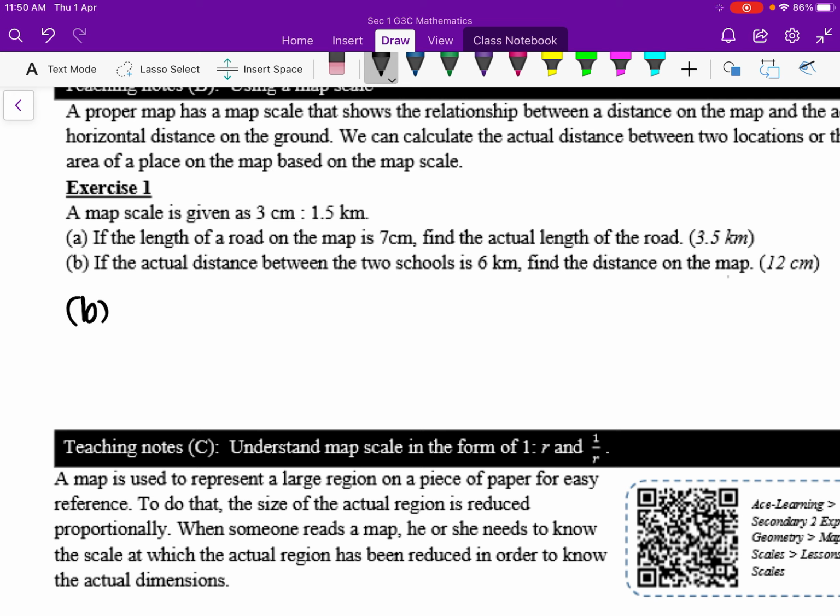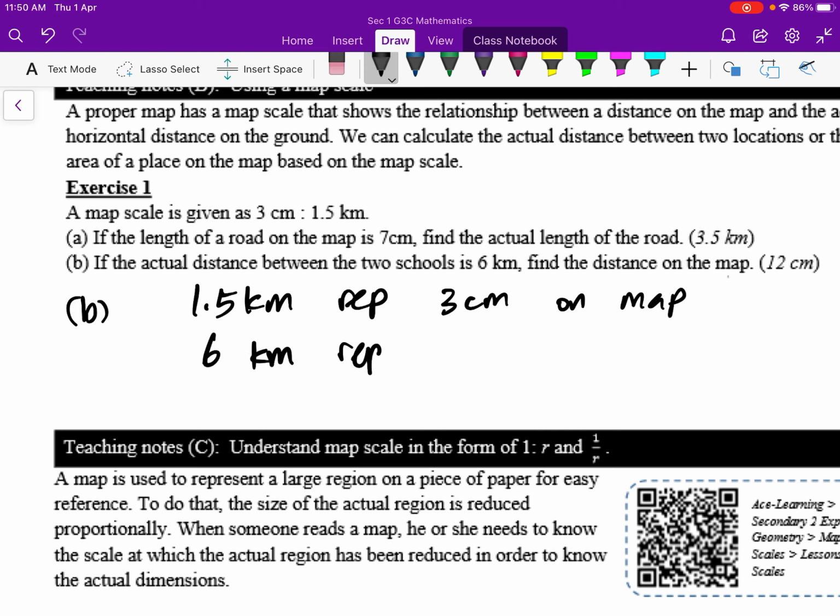So we say now, 1.5 km represents 3 cm on map. Now you see it's the other way around already. Because whatever I want to find, in this case I want to find the distance on map, I put the quantities on the right hand side, the distance on the map. So now the actual distance is 6 km.